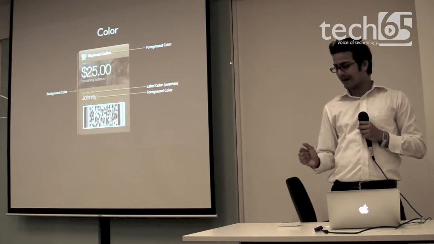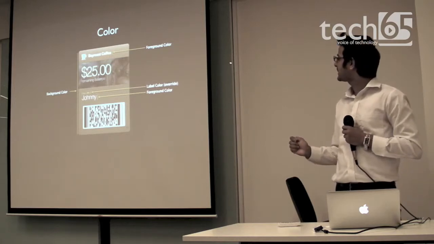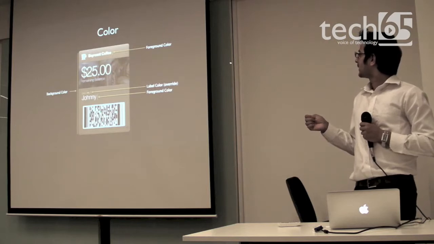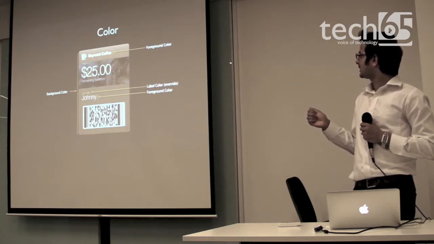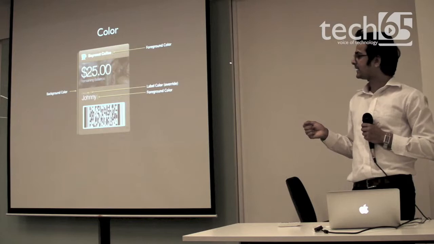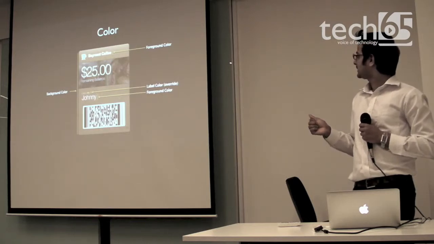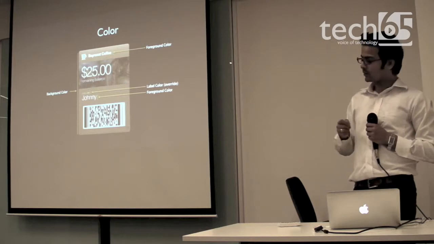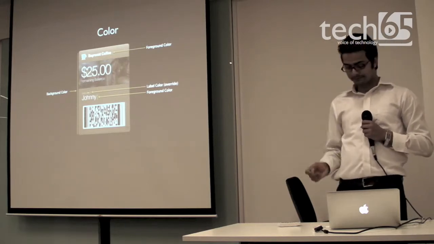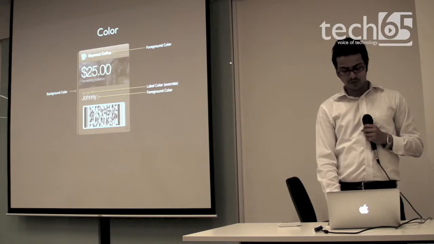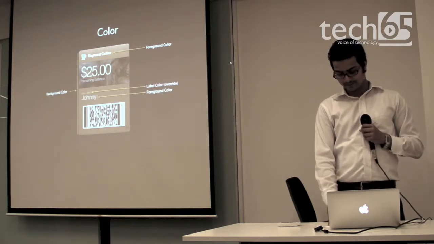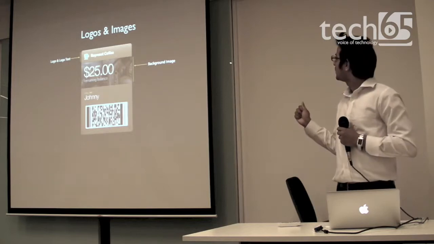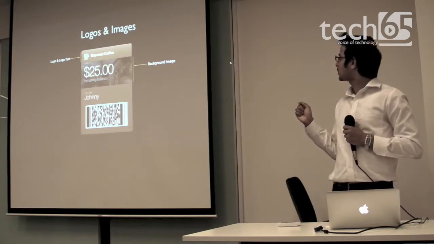Colors: the background color will be specified by you, and by default it applies a gradient. The foreground color by default is white. You can override it. The label color is automatically chosen for you based on the background color, but you can override it. Now, different logos and images that you can specify: logo or logo text.